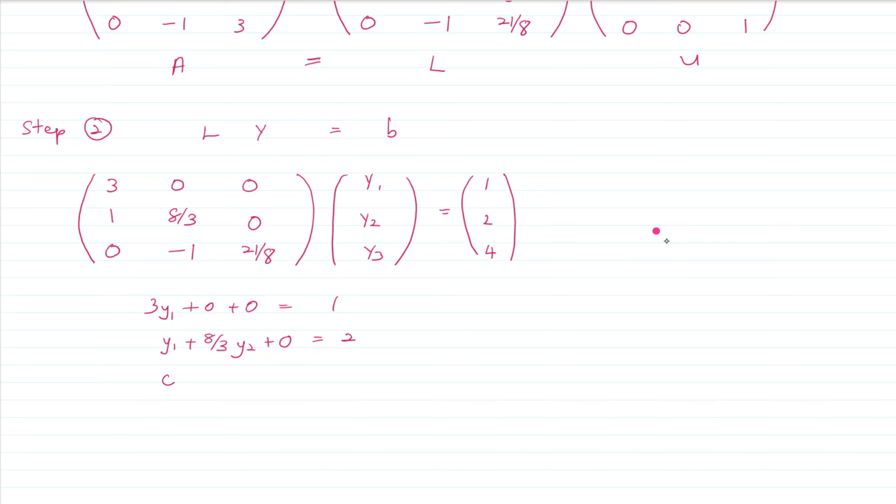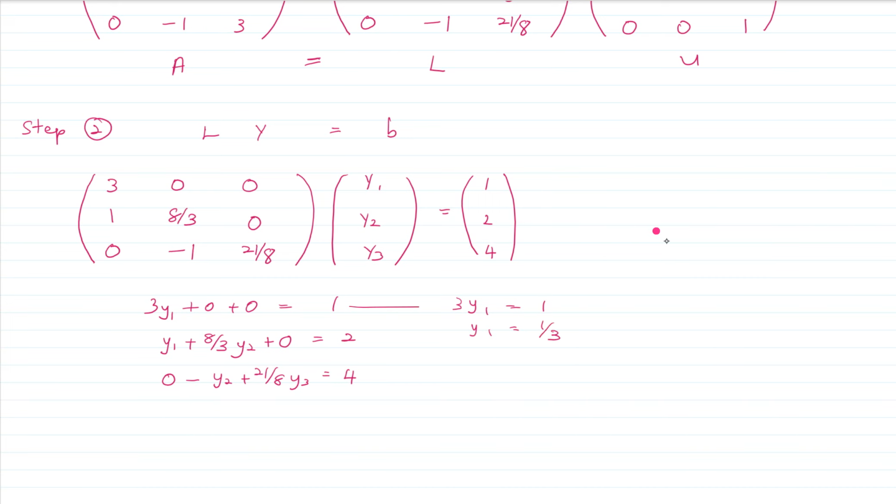Then 0 plus minus Y2 plus 21 over 8 Y3 equals 4. So you can solve this. From equation 1, Y1 equals 1 over 3.